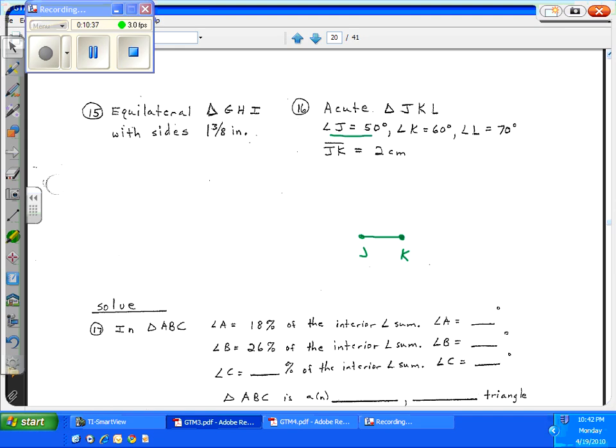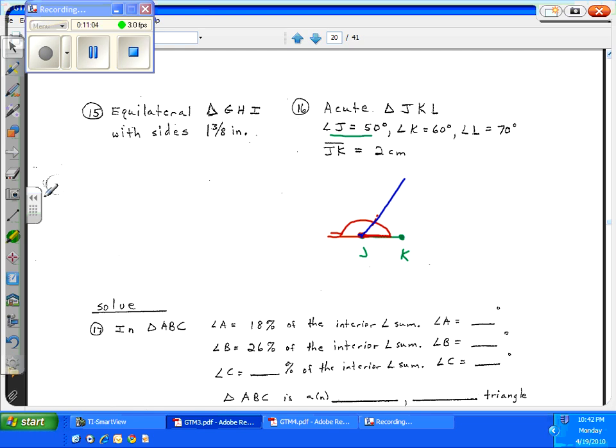The angle at J is 50, so you would set your protractor there. That's the little semicircle thingy. You would put the hole or the mark here. You would go and find where 50 degrees is, and you would make a little mark. And then you would remove your protractor, and you would draw from here through that little mark at 50 degrees.